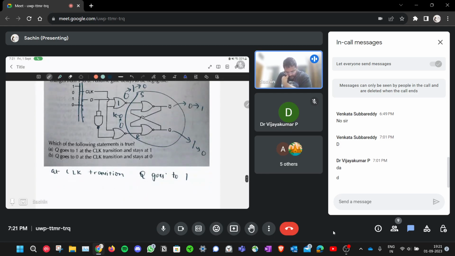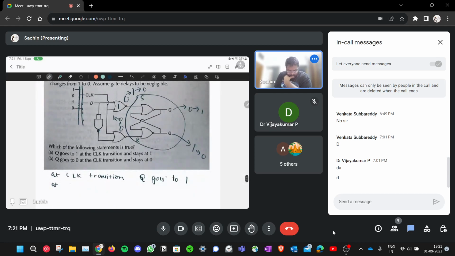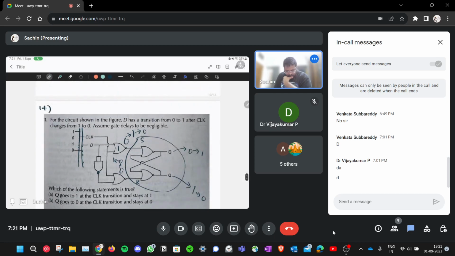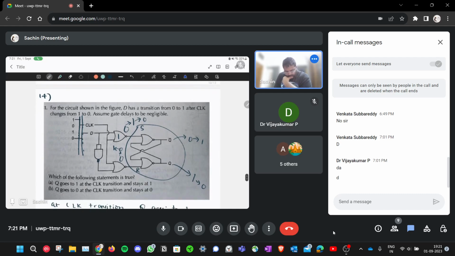And then at D transition, so when D is transitioning, that means in the third part of this waveform, clock is low and D is high. So one of them is low and one of them is high. That will again bring your S and R to 0 and 0.